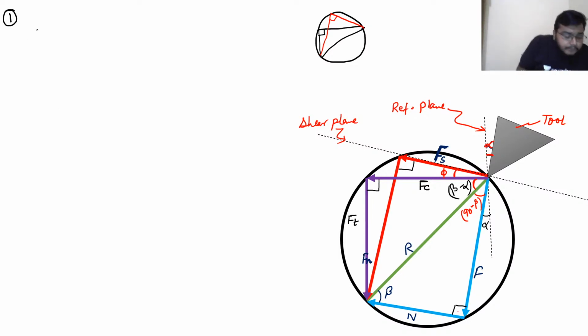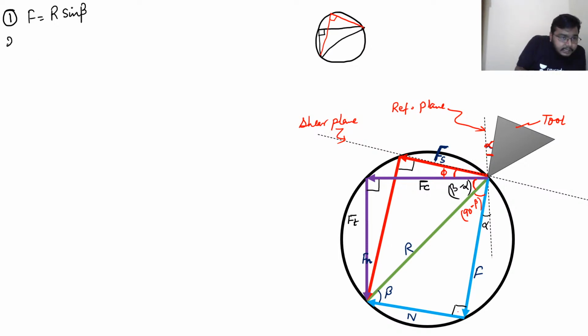Now see, the first relation, what we can write, this is my F, that is frictional force. So F is equal to R sine beta. Clear?